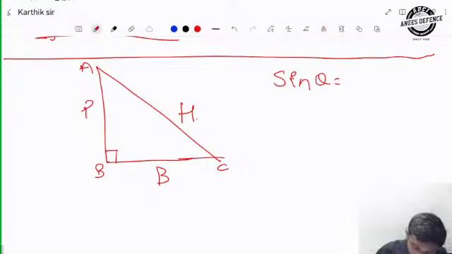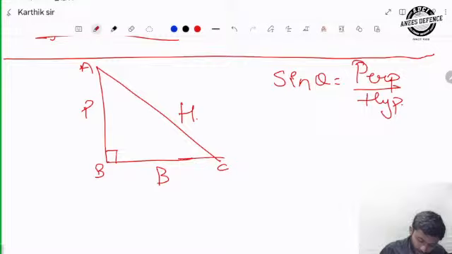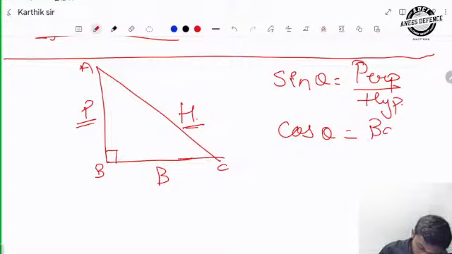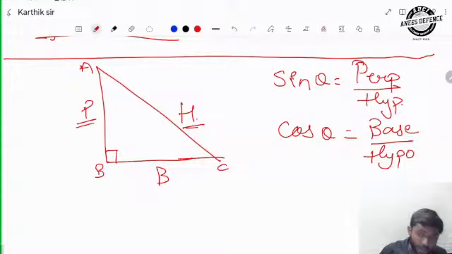Sine theta is perpendicular upon hypotenuse. Cos theta is base upon hypotenuse.